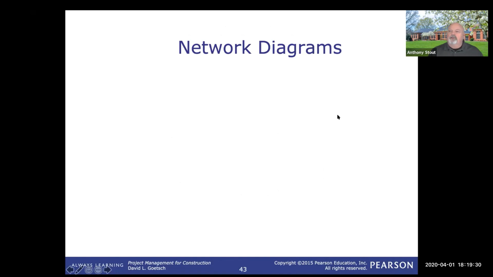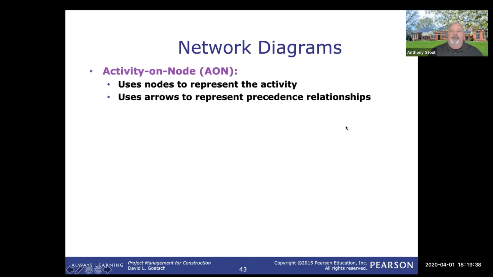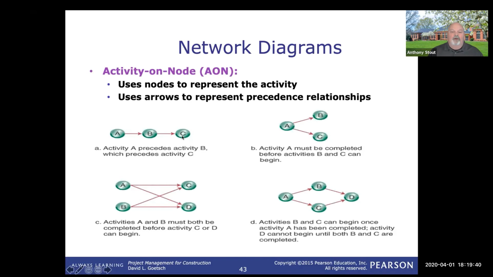All right, there's a couple of examples. I'll leave these in the slides and you can look at them once we post it. As I said, AON puts the activity right on the node. So you see it's different. It's not on the arrow here. It's right on the node. We are not going to use AON in this class, but I wanted to make sure you knew what that was.